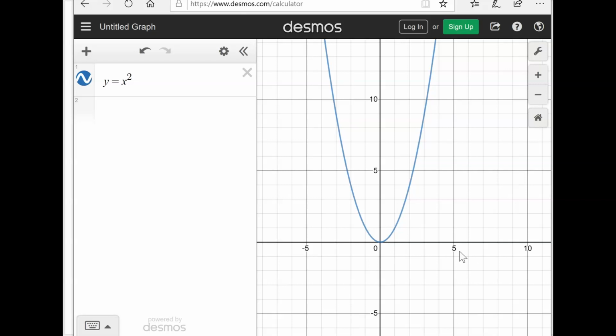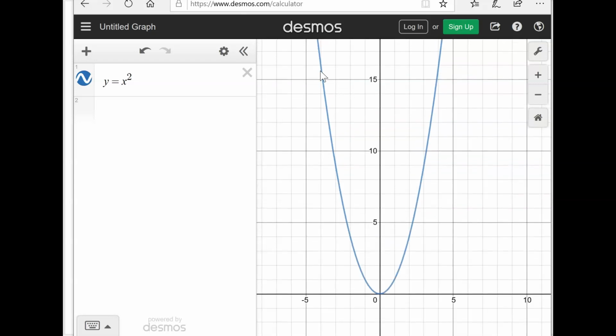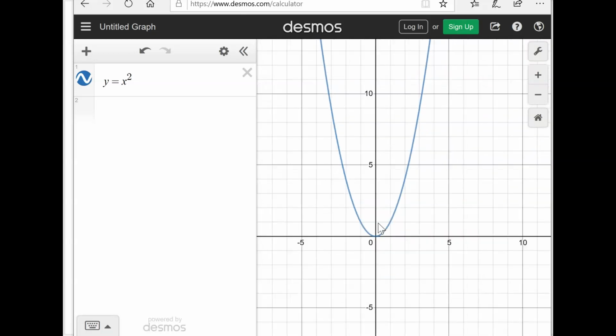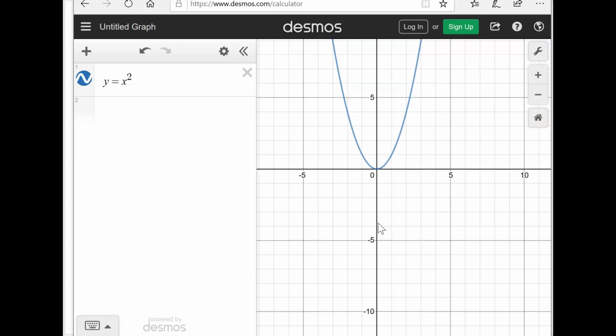There's nothing down here below the x-axis, nor will there be, because the function is heading in the upwards direction on the left and right. For the range, that has to do with the vertical, so we're looking vertically. The smallest y value that we would ever get would be 0, because that's where it starts, and from there all of the points on this graph increase.